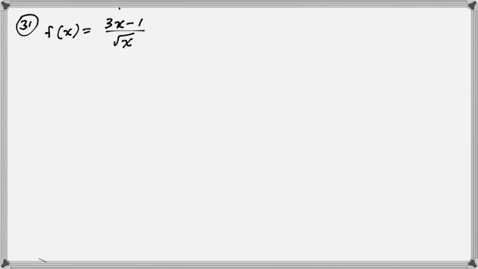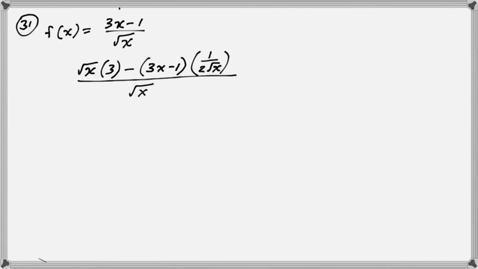Okay, first we have a quotient in 31, so I think I'm going to use the quotient rule. Here's how you do the quotient rule. The bottom times the derivative of the top minus the top times the derivative of the bottom, all over the bottom squared.